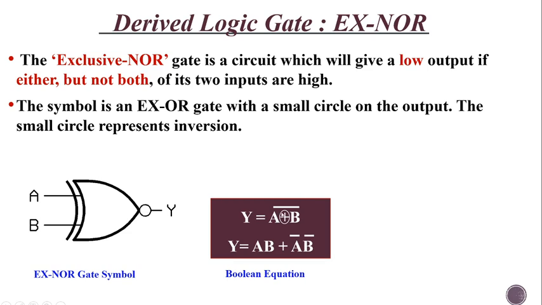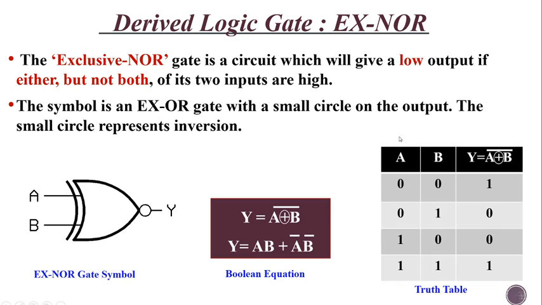The XOR operation with a complement we can represent as an XNOR, or with this expression, A B plus A bar B bar. Here is the table that is exactly opposite or inverse of the XOR. If both inputs are equal, then the output will be 1, and if they are different, the output will be 0.